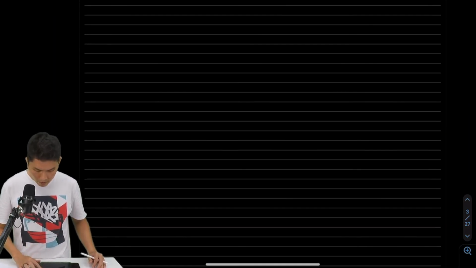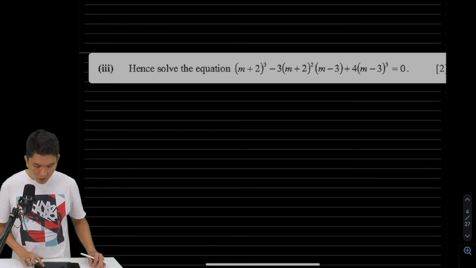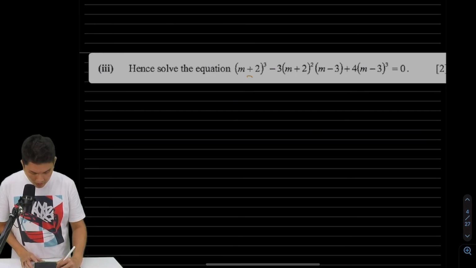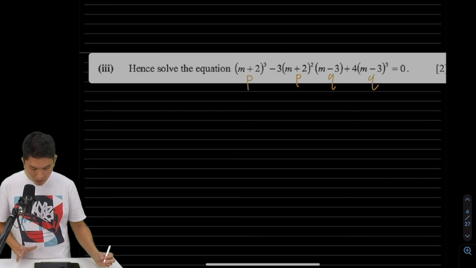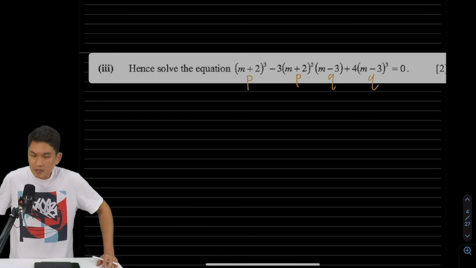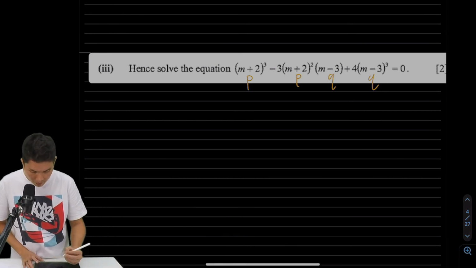Now let's move on to part 3. Part 3 says to solve this equation. This equation looks like something cubed minus 3 times that same thing squared times something else, plus 4 times that something else cubed. So you can probably see that this is p, and this is q. That gives me p cubed minus 3p squared q plus 4q cubed, which is something I've done before in part 2.